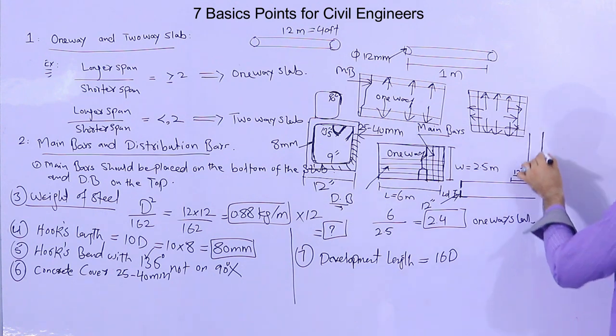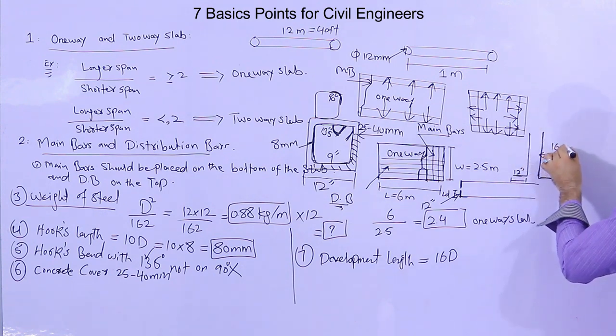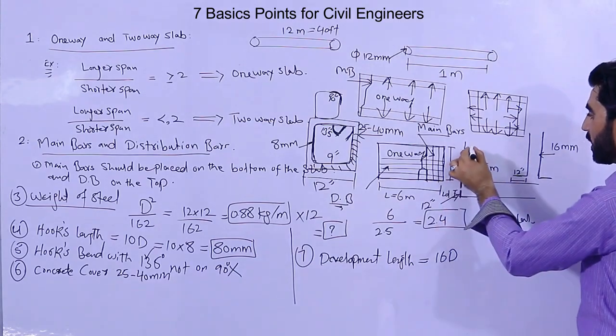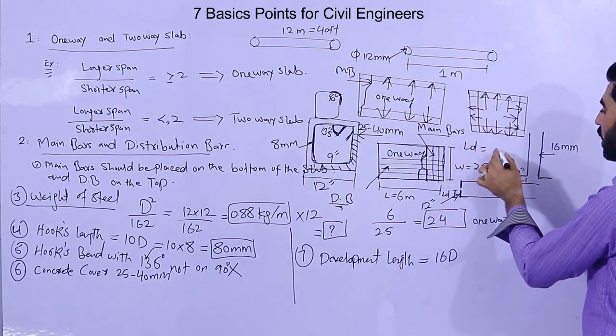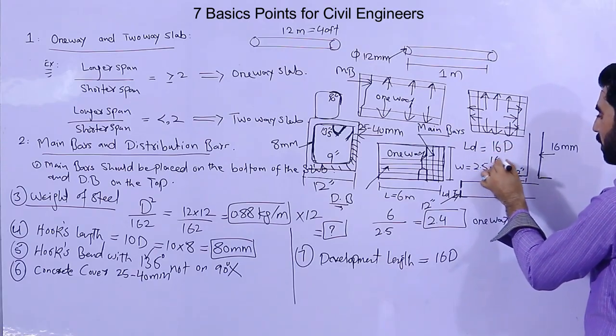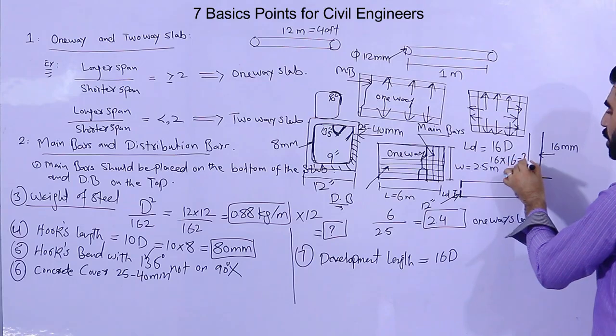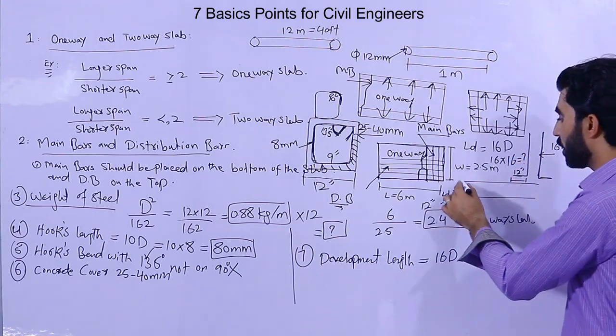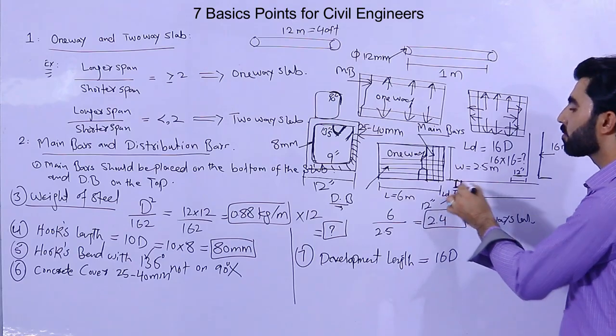Suppose the diameter of the steel rod is 16 mm, so LD is 16 multiplied by 16. Whatever value you get will be the development length for the column. But here it should not be less than 12 inches.